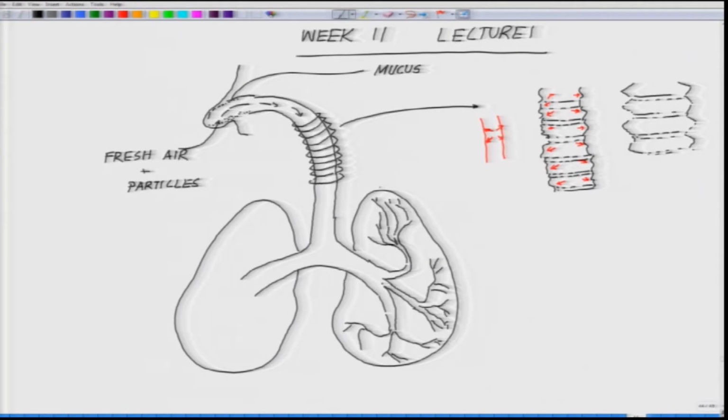So, this is your lungs, and this is your trachea, and this is where all the gas exchange is taking place.